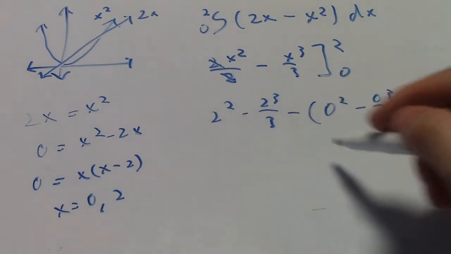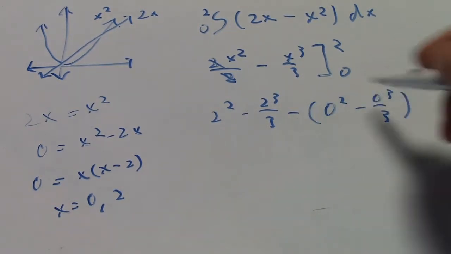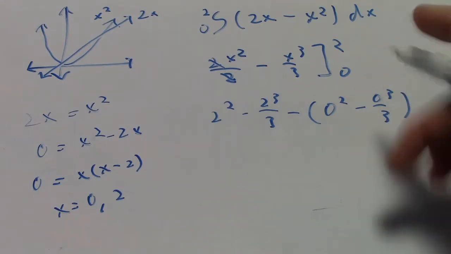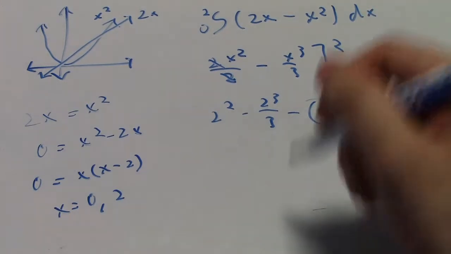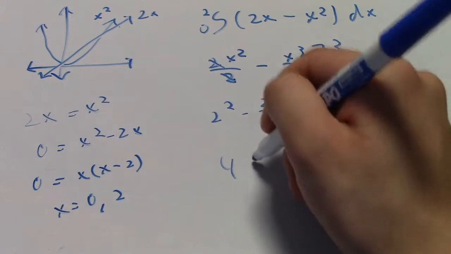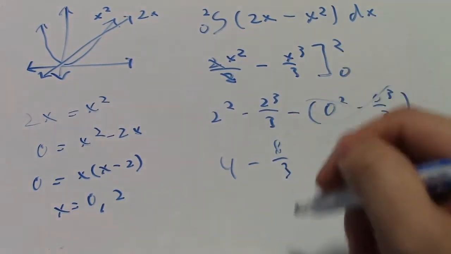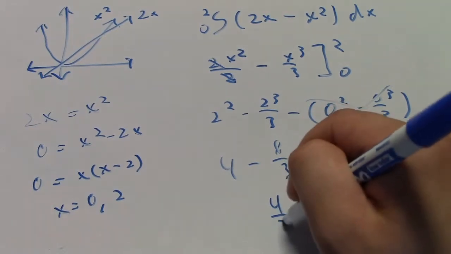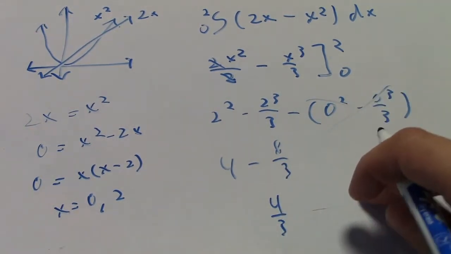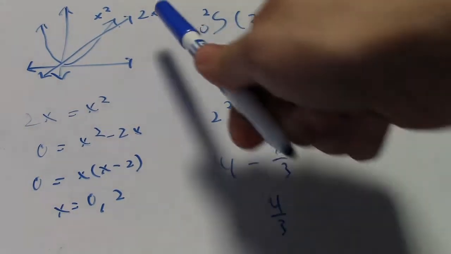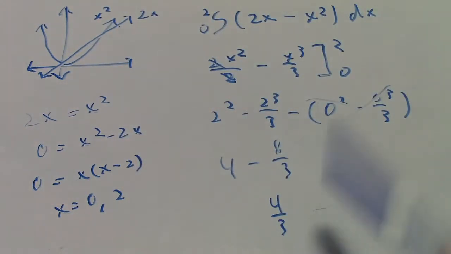Of course, that is just 0, so I'm going to just ignore that now. So we now have 4 minus 8 thirds, which is 4 thirds. So, the area between the curves 2x and x squared is 4 thirds. And that is the general process you go through to find the area between two curves.